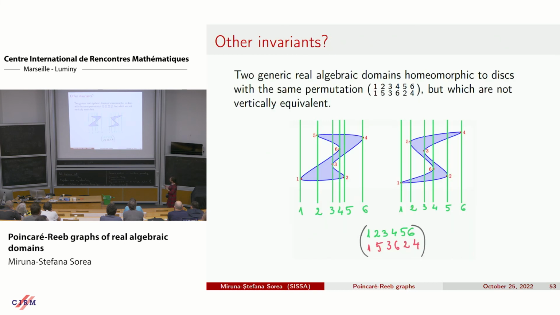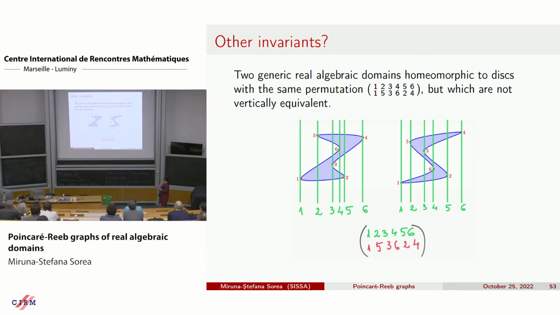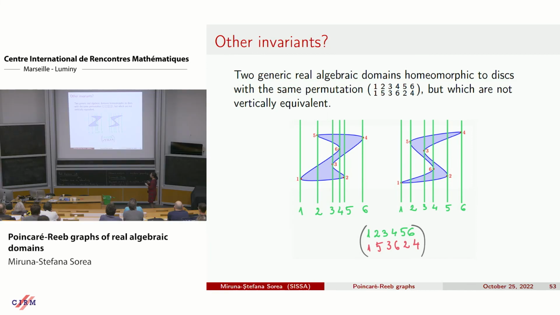But if you try to find some other objects, like permutations, that could compare the two, you might associate, for instance, two total orderings on such a graph, the red one on the curve and the green one on the vertical foliation, and the same for the second one. If you compare the two total order relations for each of the domains, you will end up with a permutation. And in this case, you see it is the same permutation. So they are not equivalent, but the permutation stays the same. This is not a complete invariant. Permutations didn't work so well.